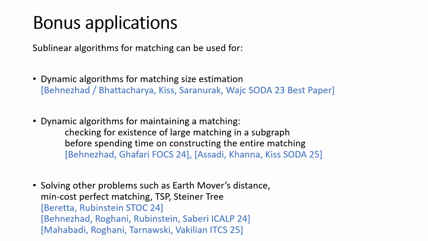Even more recent dynamic algorithms for maintaining a matching can use this to check whether some subgraph has a large matching before using time to construct that matching. It is also a subroutine in other problems like computing earth mover distance, min cost perfect matching, TSP, or Steiner tree.